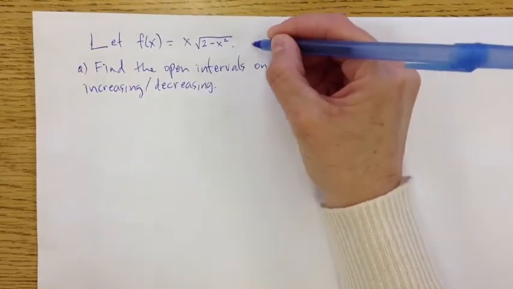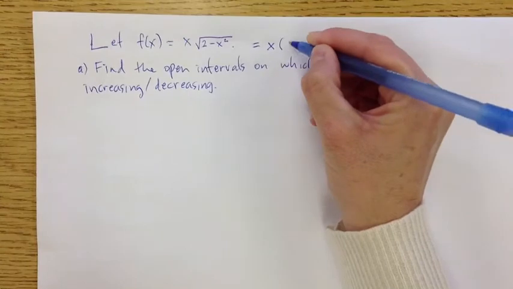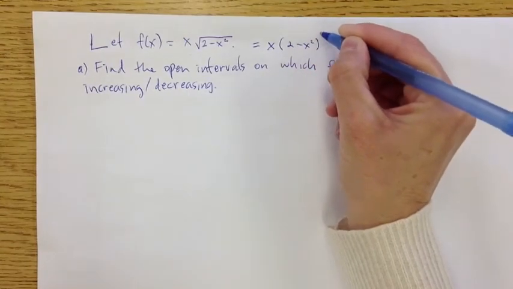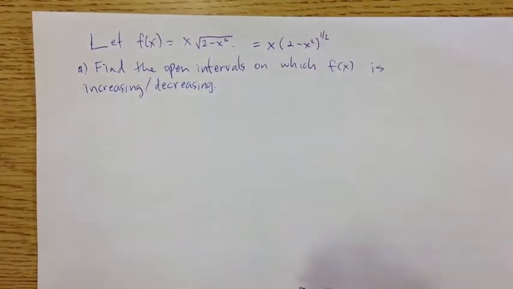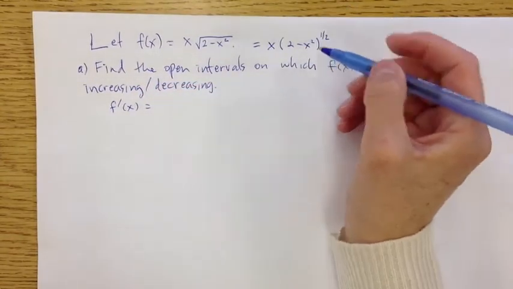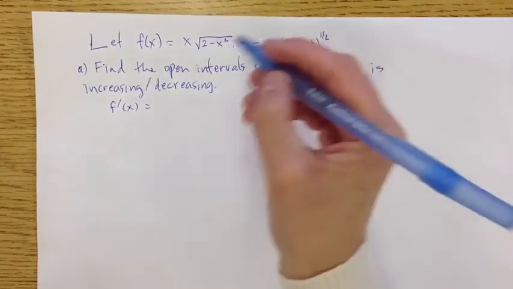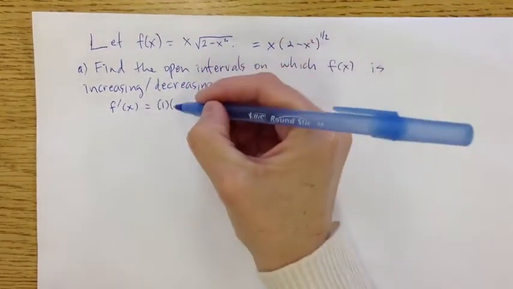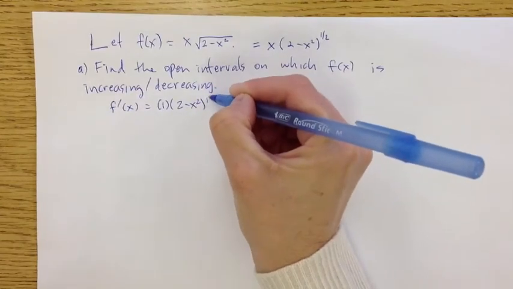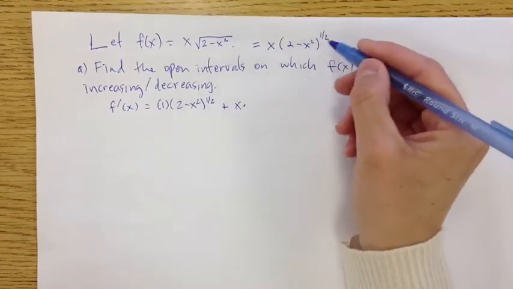So f of x, rewriting this as a power, is x times 2 minus x squared to the power of 1/2. To find the derivative, we have to use the product rule. So it's the derivative of the first, which is just 1, times the second, plus the first times the derivative of the second.